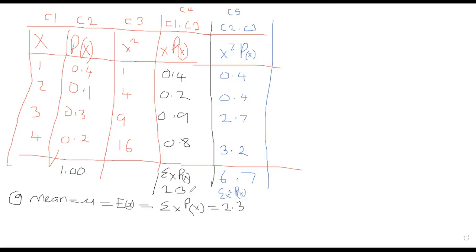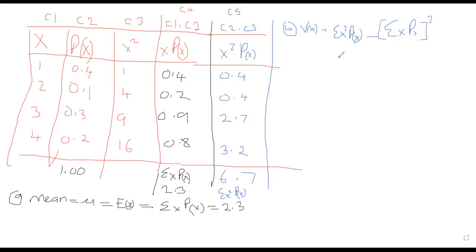So our mean has been found as 2.3. But how do we find the variance? The variance is simply this minus the square of that. So our variance V of x is simply summation of x squared px minus the mean, which is summation of x px, to the power 2.